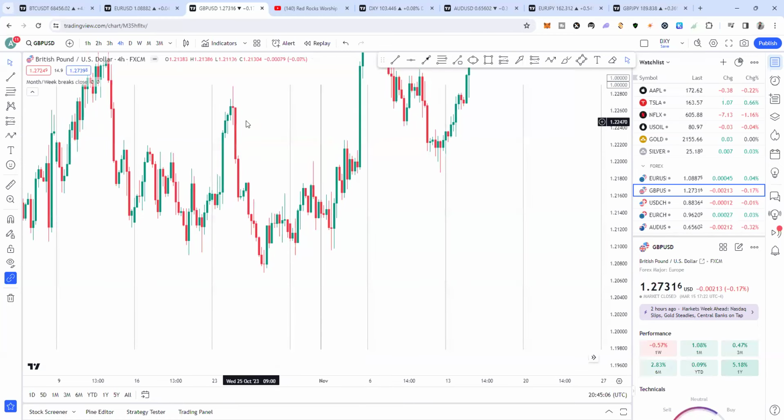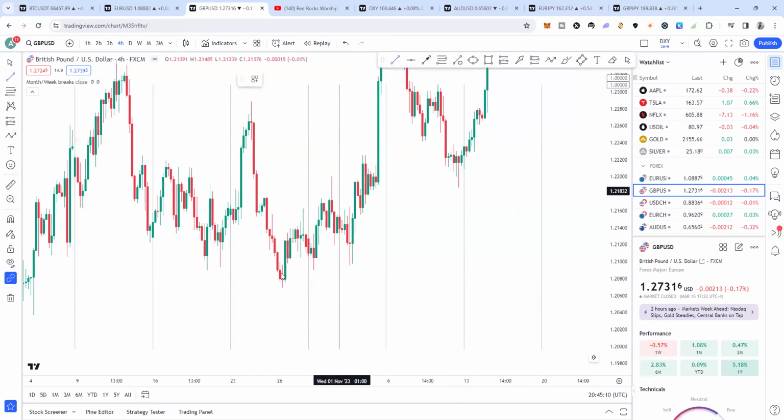Okay, now let's look at this bullish scenario. We have price form a sweep. We have price break structure here. Notice what happened. It came back and kept going up.